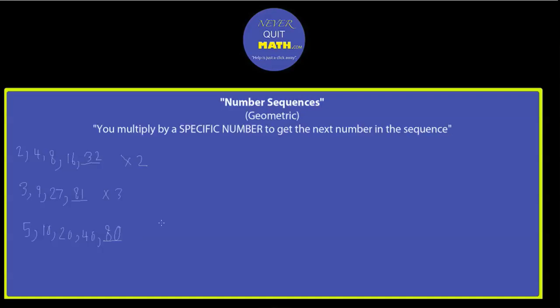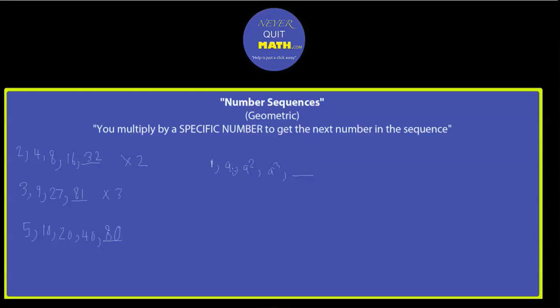Alright, so now let's do the general case. Let's give an example of the general case. What if we have 1? Let's start with 1. Then we have a, then a squared, then a cubed. What do you think is next?